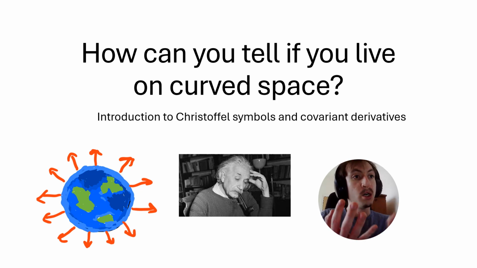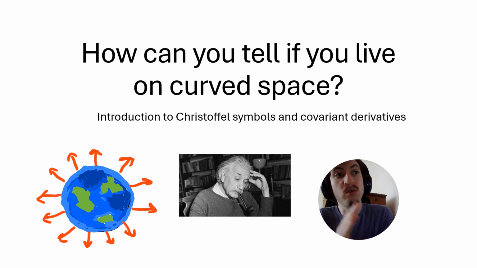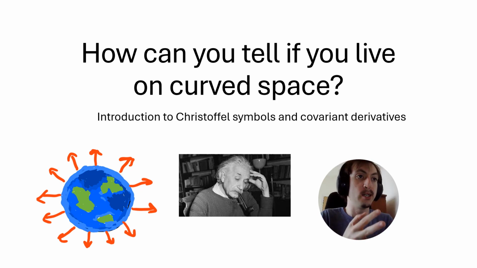And these are the Christoffel symbols, or as I'll first introduce them in my abstract version, connection coefficients, and we'll also talk about the connection associated with these coefficients. That connection is something called the covariant derivative. Don't worry, Christoffel symbols, connections, covariant derivatives, they don't mean anything yet. Hopefully by the end of this video they'll mean a lot more.